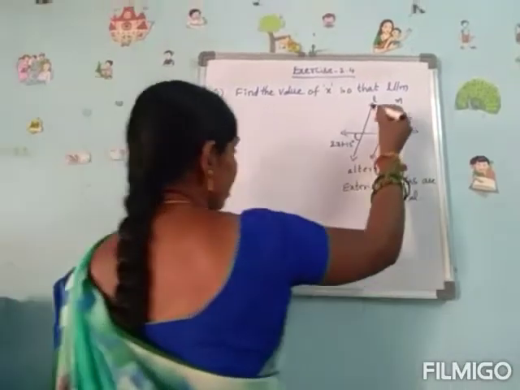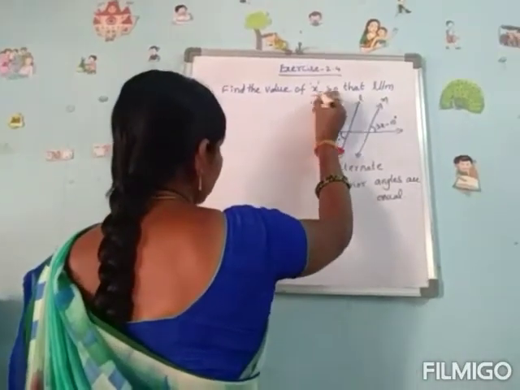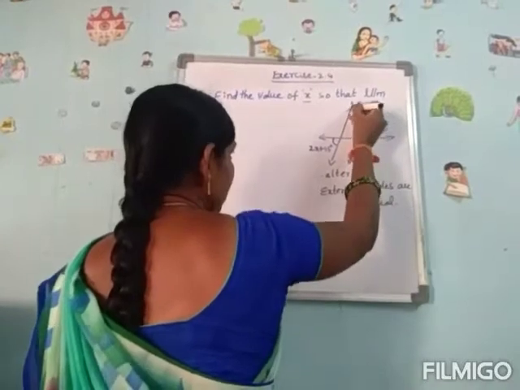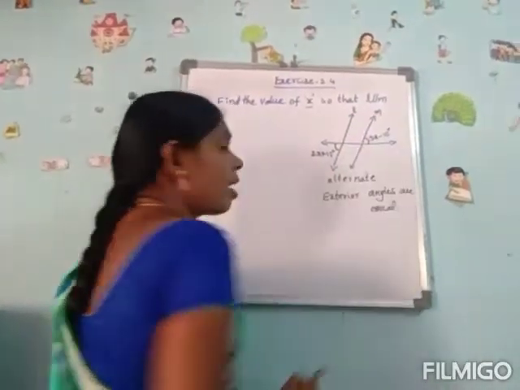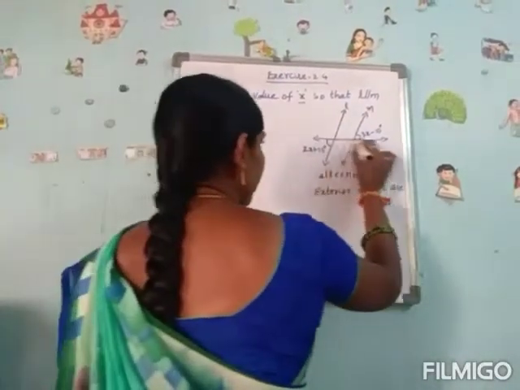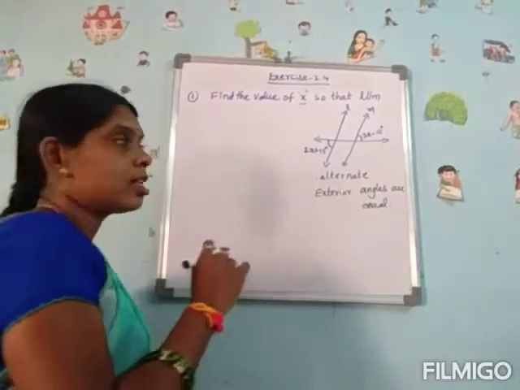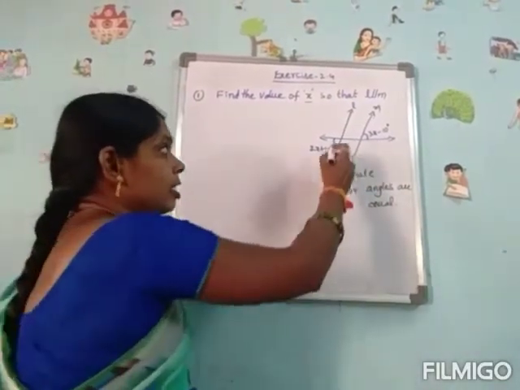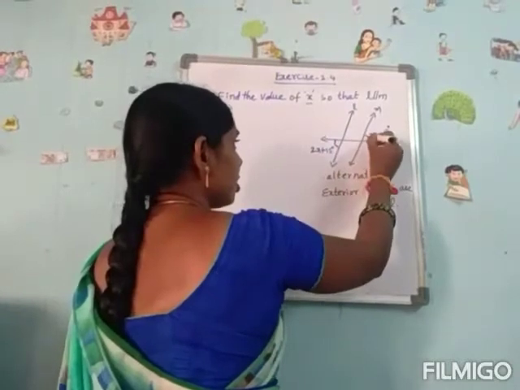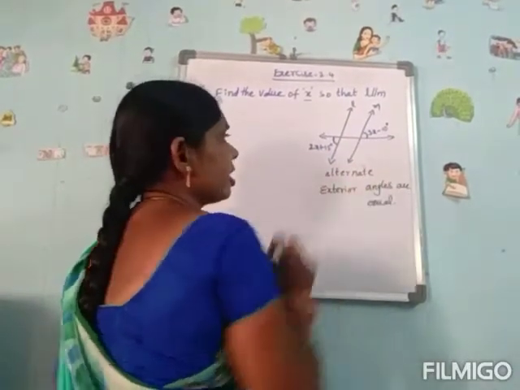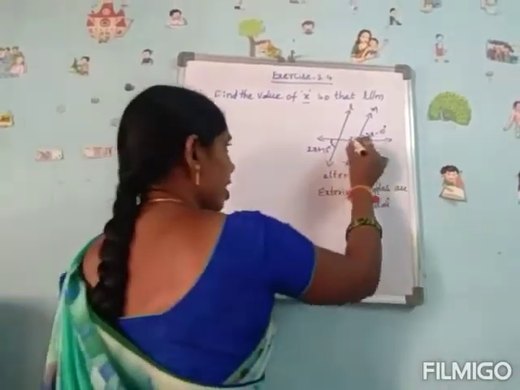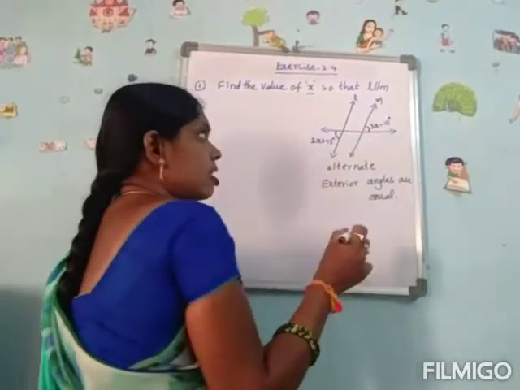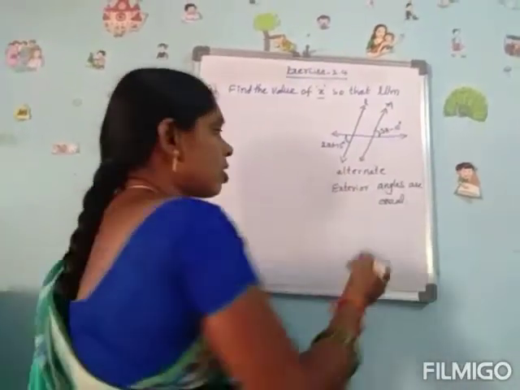Here it is given to find the value of x so that L is parallel to M. These two lines L and M are parallel lines and there is a transversal. The given two angles are alternate exterior angles, and we know that alternate exterior angles are equal.